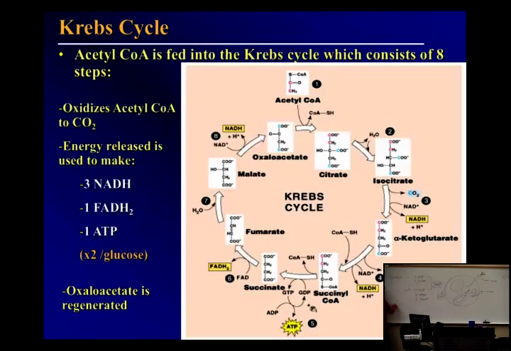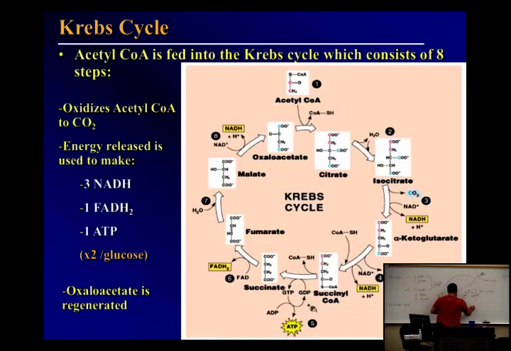So the next step is the Krebs cycle. Now we've taken the pyruvate and we've made it into acetyl-CoA, and that is inside the inner part of the mitochondria. What's that called? That's right. It's the matrix.